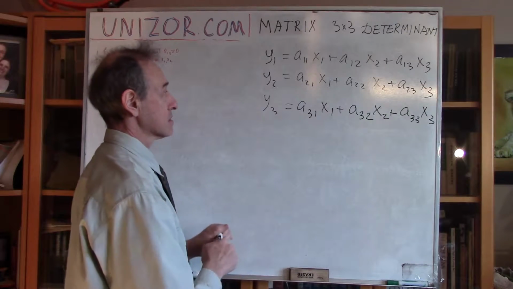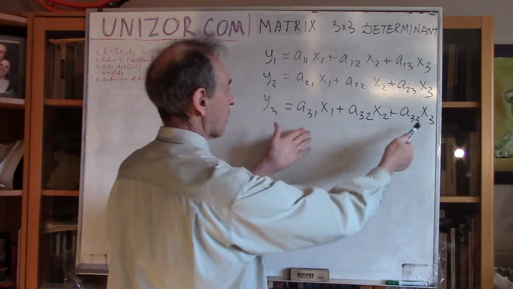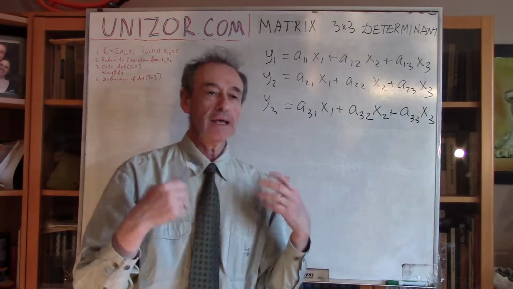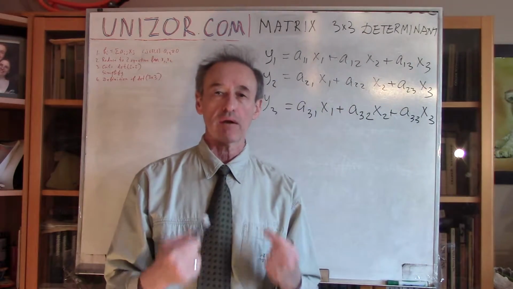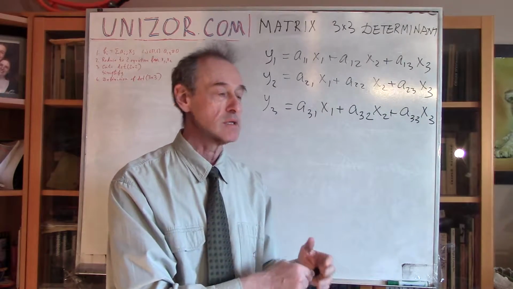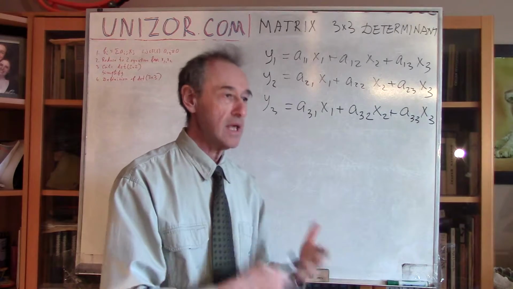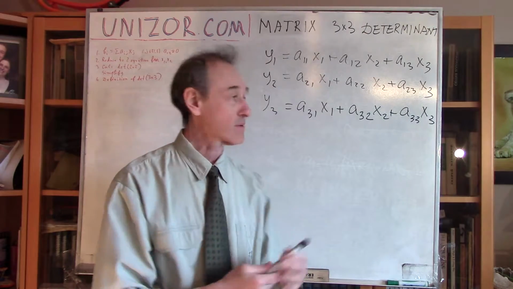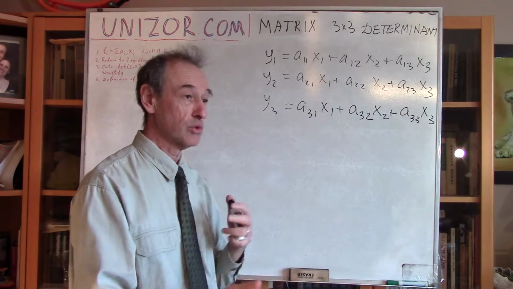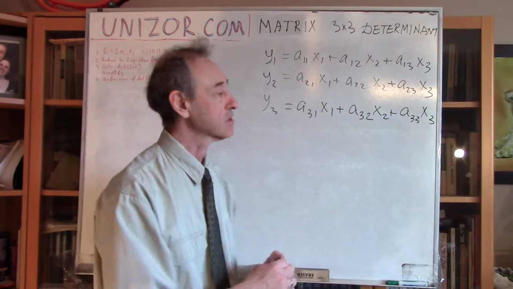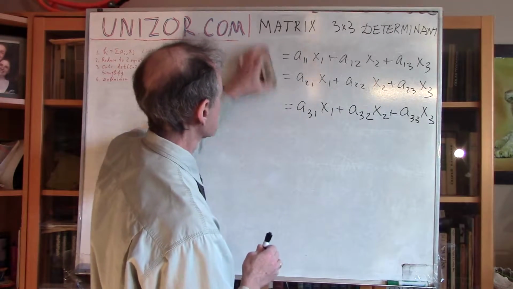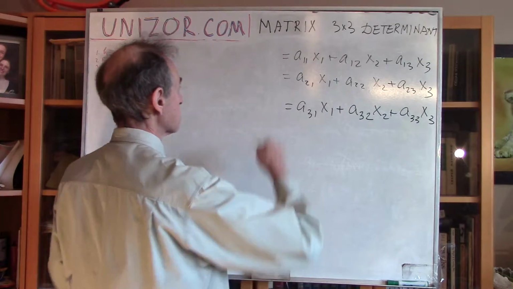And the question is, does this matrix of the coefficients a11, a12, etc., which has 3 rows and 3 columns, also have a characteristic like the determinant for the 2 by 2 case, which would be very indicative of whether this transformation of coordinates in a three-dimensional space is good or bad, whether it's reversible, so to speak, or whether the system of equations has a unique solution.